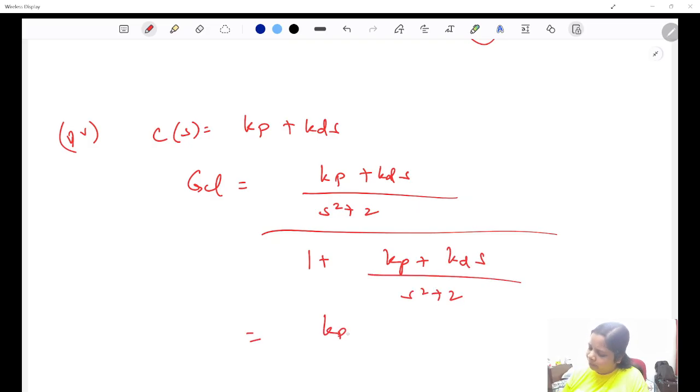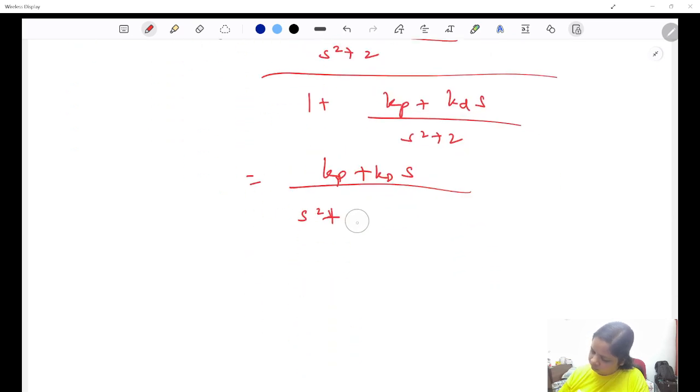From here you get Kp plus Kds upon S square plus Kds plus 2 plus Kp. So from here there is a chance that this can stabilize the system.